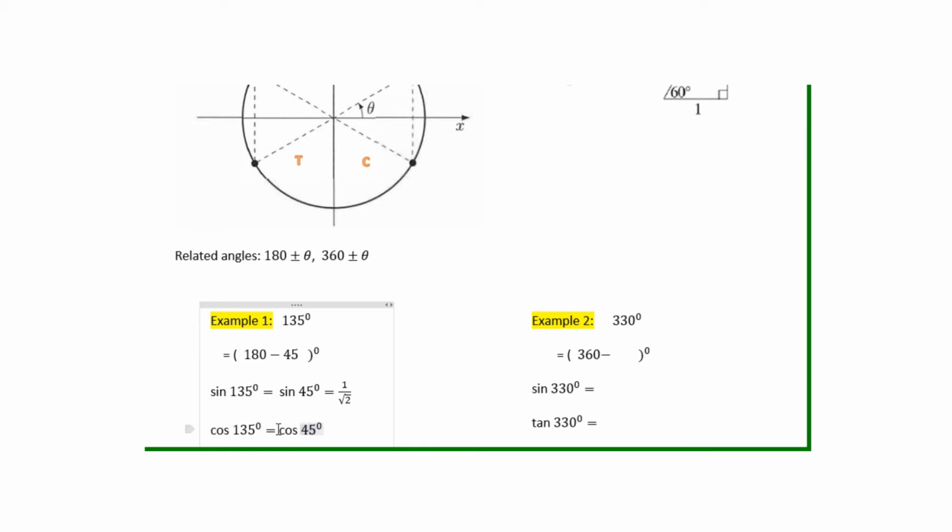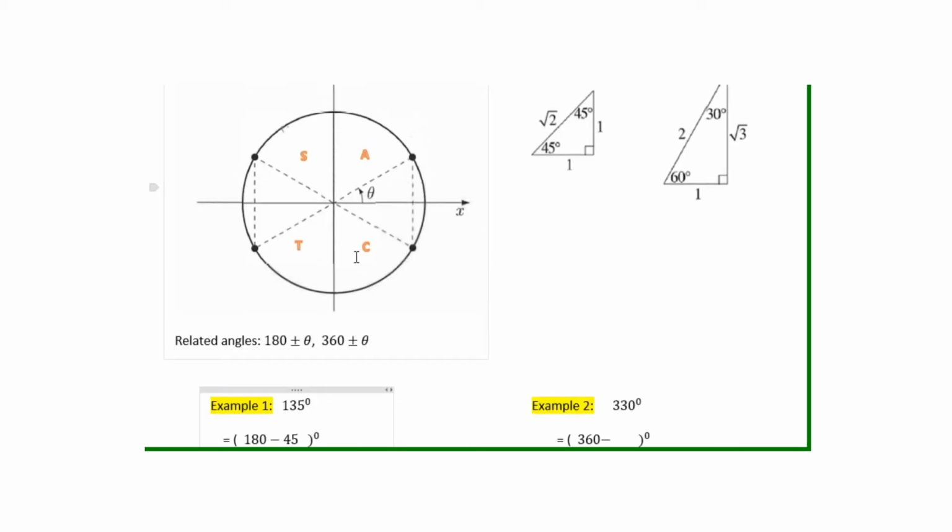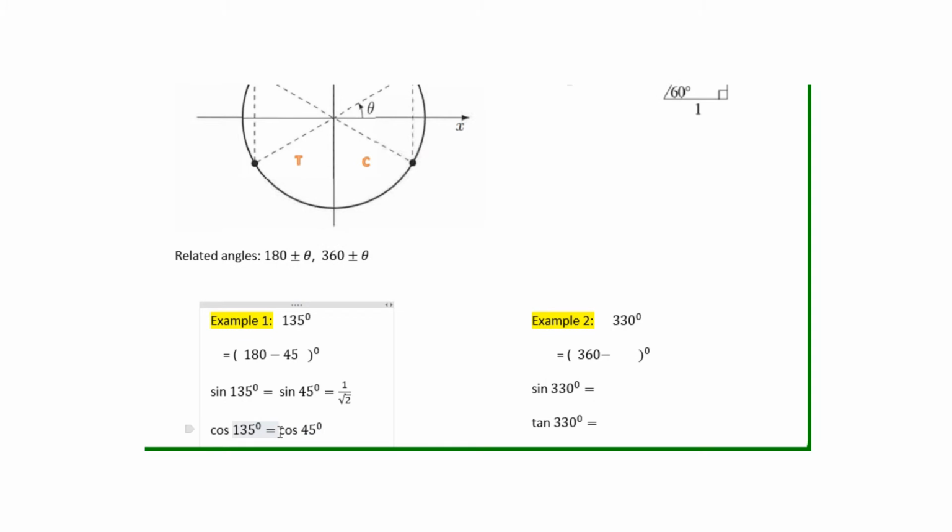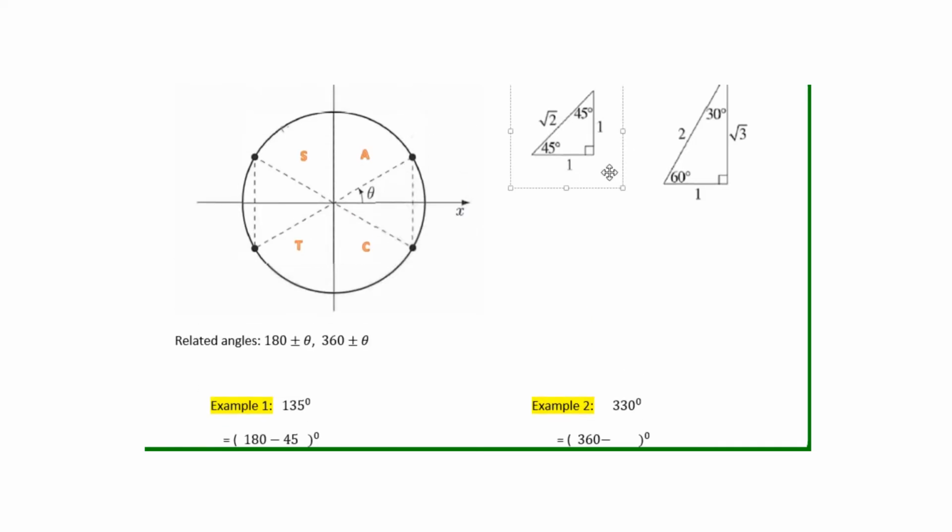Okay, similarly, cos of 135 will relate to cos of 45. But firstly, we need to double check if it's positive cos 45 or negative cos 45. And using our unit circle, All Stations to Central, we know that 135 is in this quadrant and cos is negative. So let's go back here and check. So negative of cos 45. And we use our triangle. So let's move this triangle here.